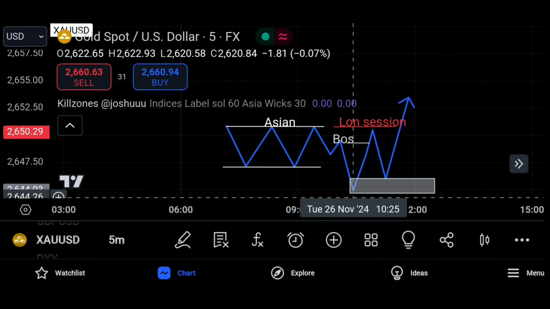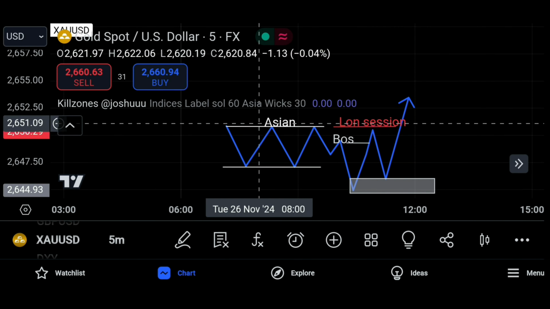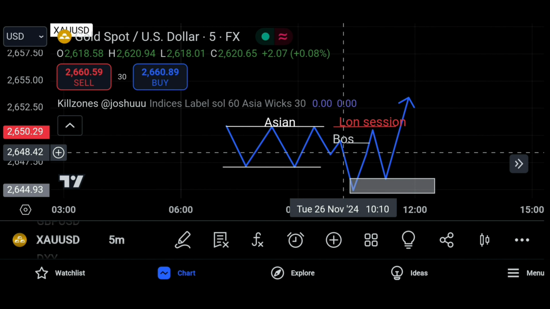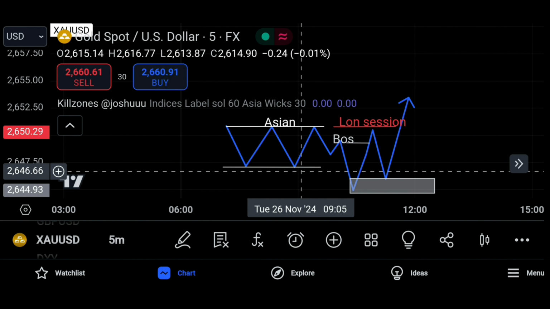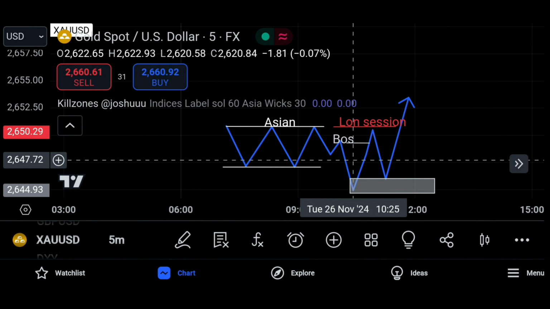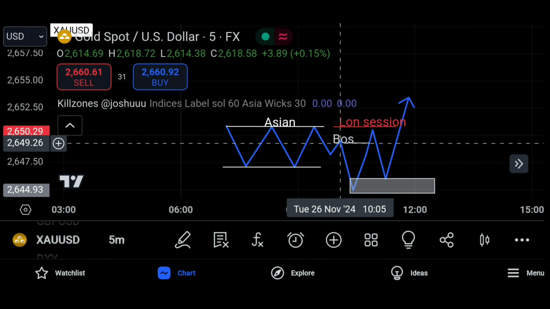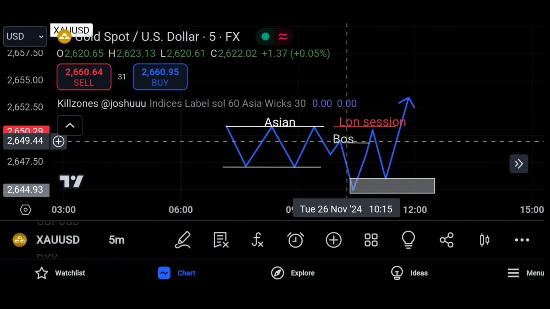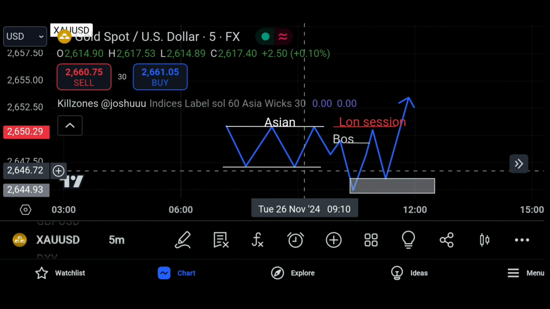So that's it. First, you mark the Asian session, and then the market comes back down and takes the liquidity below the Asian session. You take note of the supply that was created before the liquidity was taken.